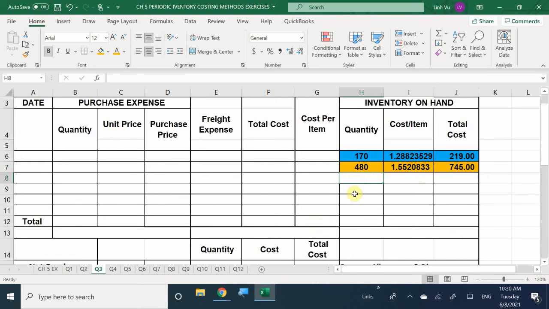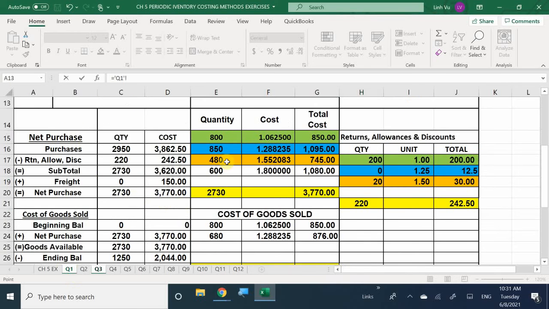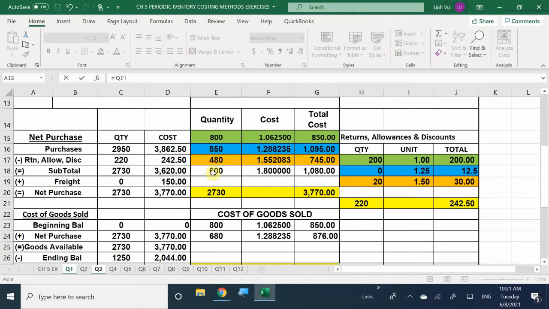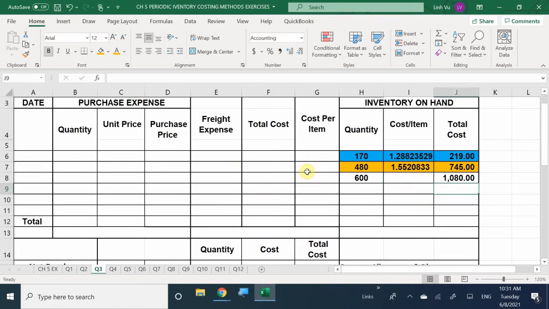And then last but not least, we also carried over the values of my white batch. So 600, that cost me 1,080, which we know to be $1.80. And I'm also going to stretch it out so we know that it's a rounded number.